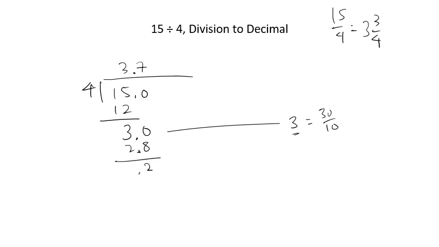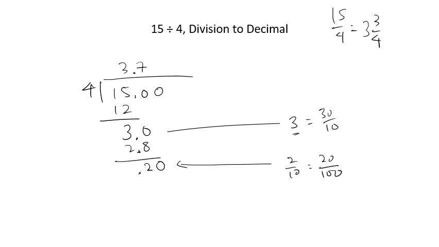Now we're at the same problem we were at before. 4 won't divide into 2 tenths, but I can add a 0 and make this now, we've gone from 2 tenths to 20 hundredths. And again, 4 won't go into 2, but it will go into 20.